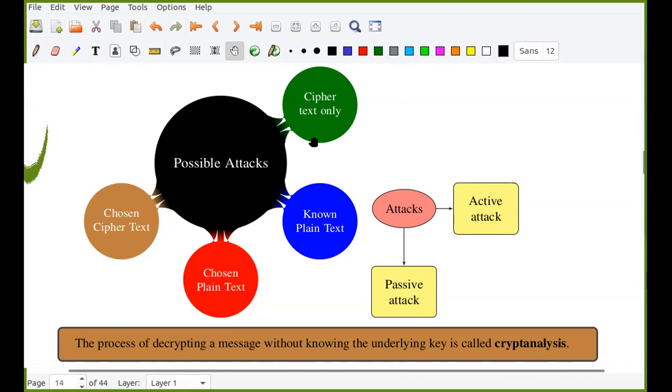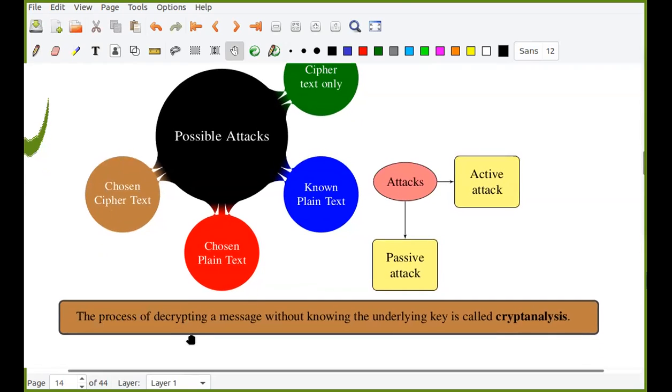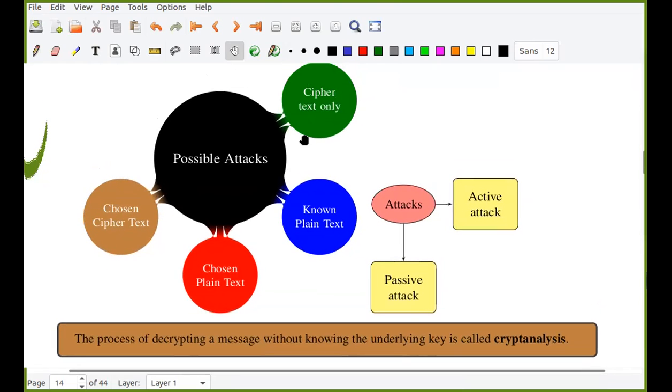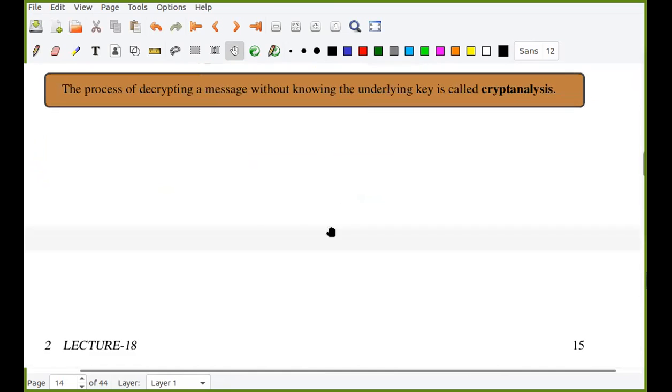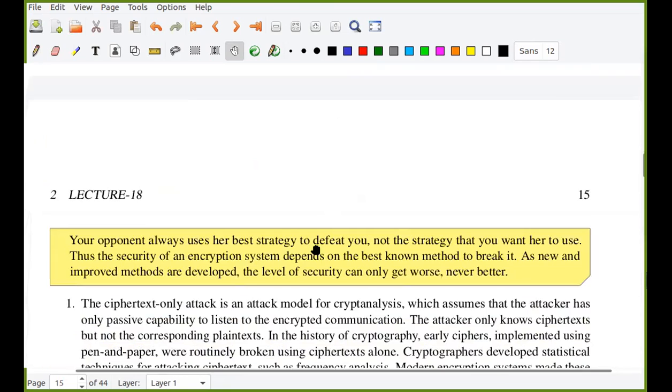So what is a ciphertext attack? The process of decrypting a message without knowledge of the underlying key is called cryptanalysis. So how can analysis be done? These are some of the ways, and I'll explain them one after another.